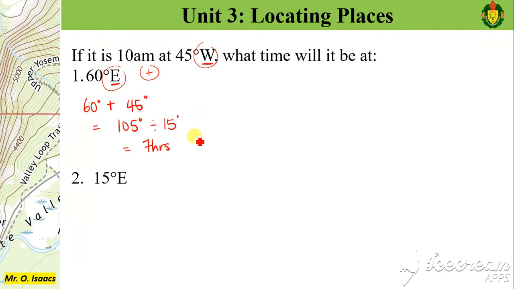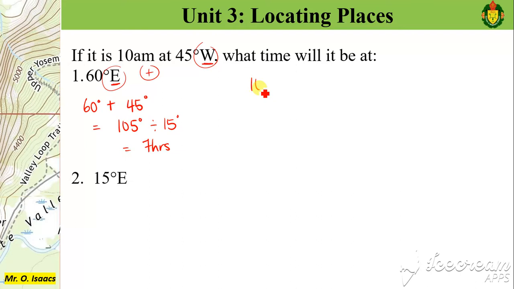Then you're going to say to yourself, using the principle that we established, when you're going towards the west, you subtract time. When you go towards the east, you add time. So it says 45 degrees west, so we're going over into the eastern hemisphere, right? So in that case, we're going to add time.